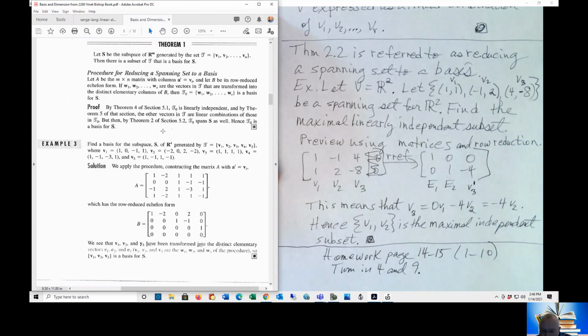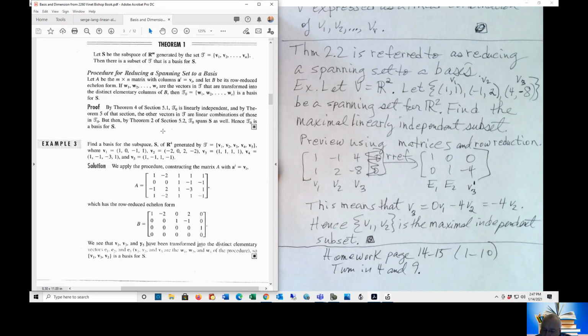Row reduce it to reduced row echelon form. And again, on the calculator, you probably have to add in a row of all zeros and make it 3 by 3 so you don't get an error in the calculator. And you get columns (1, 0, 0), (1, 0, 0) and (0, -4).